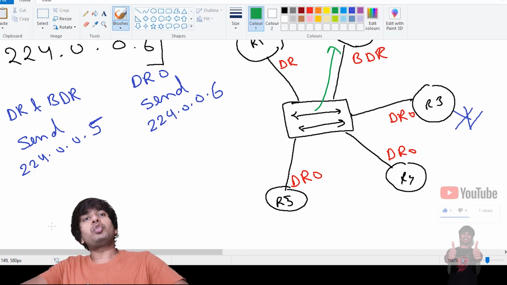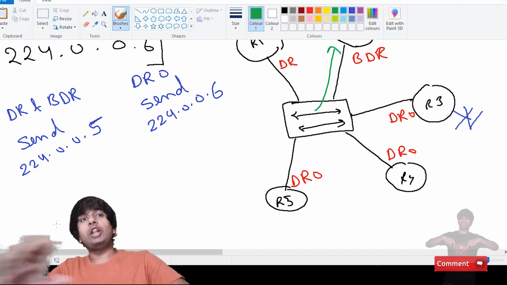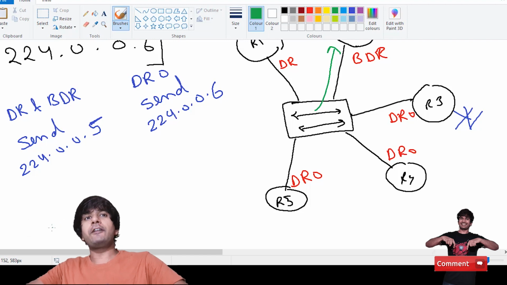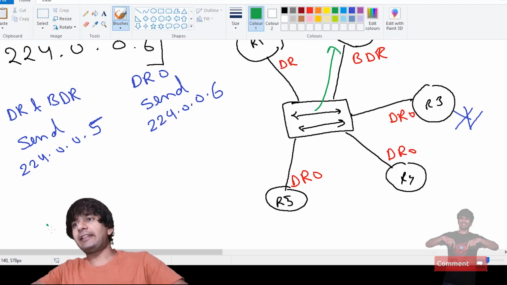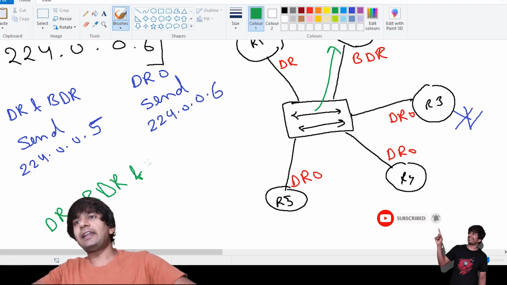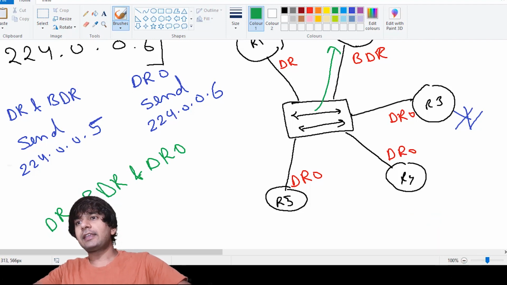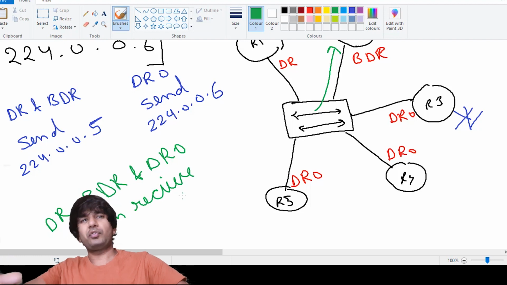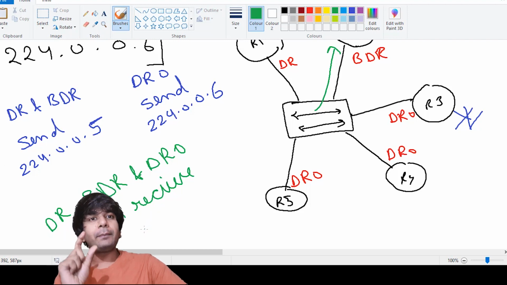When it comes to receiving, all the routers, every single router, whether it is a DR, a BDR, or a DROther, can receive routing update packets.